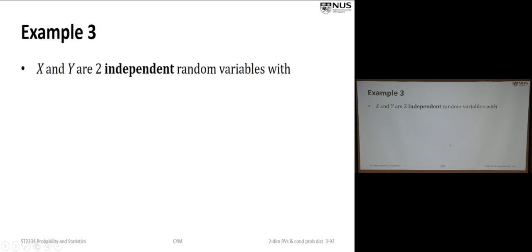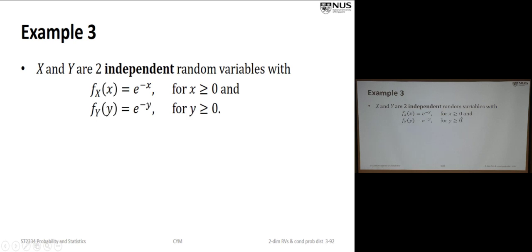Now in another example, f of x is equal to e to the power minus x for x bigger or equal to 0, and f of y is equal to e to the power minus y when y is bigger or equal to 0. Now we are asked, what is the joint PDF?